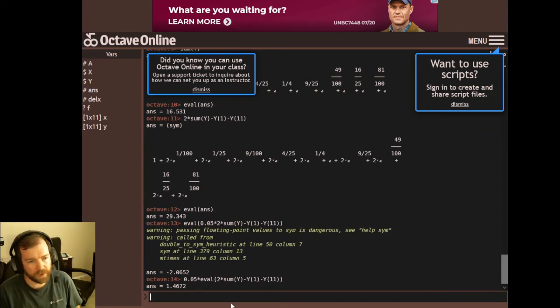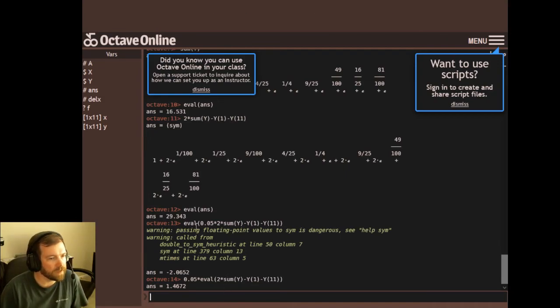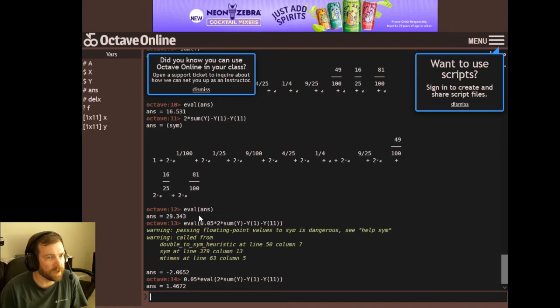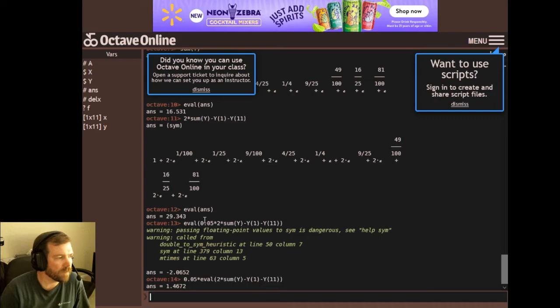Yeah, cool. So what I'm doing here is I'm saying that I wanted to evaluate this answer, and it gave me 29.343. This is truncated a lot. So you can actually expand this out further by telling it that I want a certain number of decimal places, and then it'll give it to you.